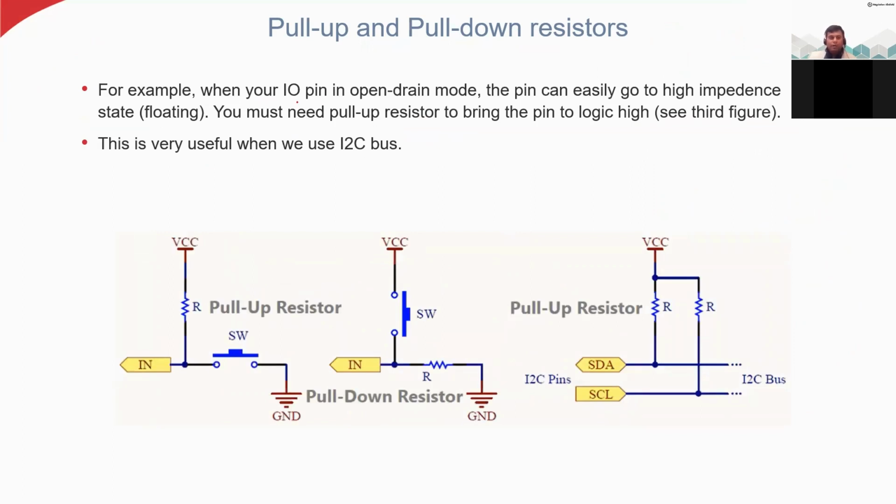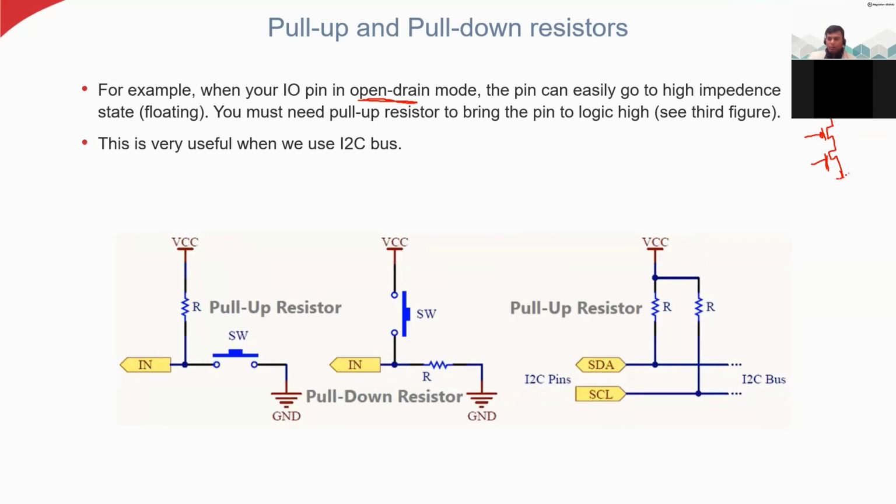For example, when your IO pin is in open drain mode, you know what this open drain mode is. The pin can easily go to a high impedance state, because the upper PMOS is in the open mode. This is the PMOS and this is the NMOS. This is VDD.